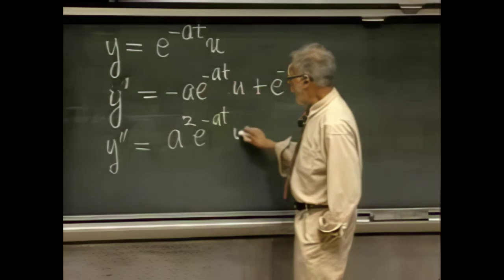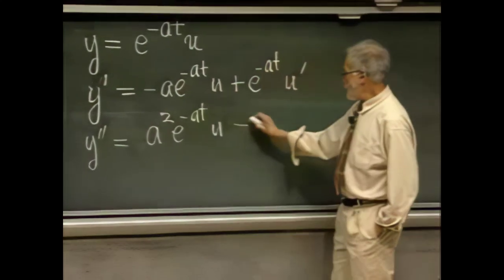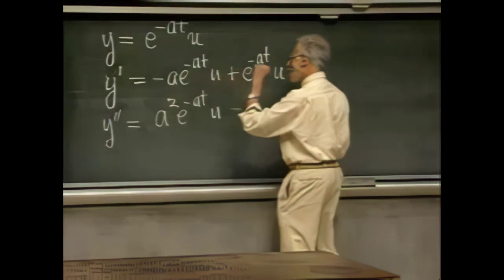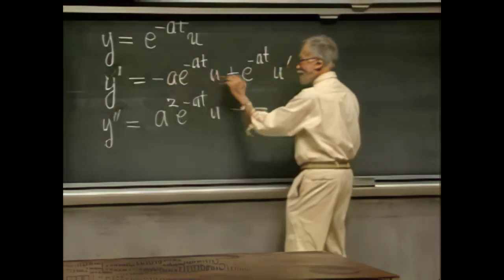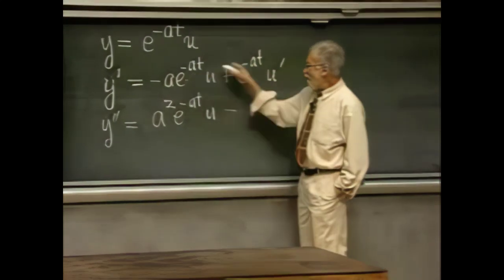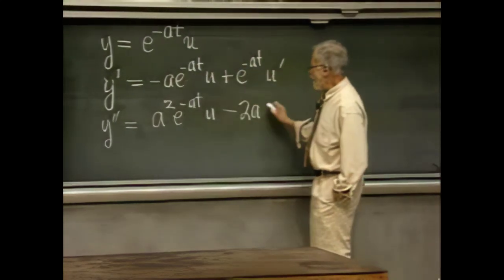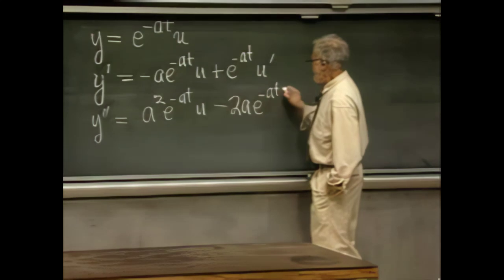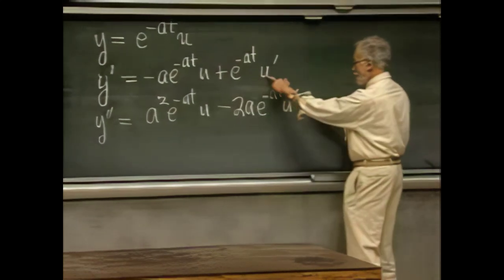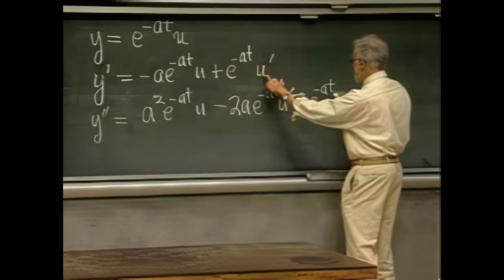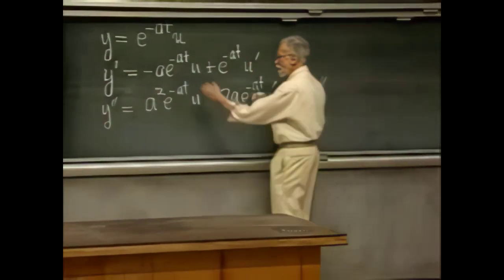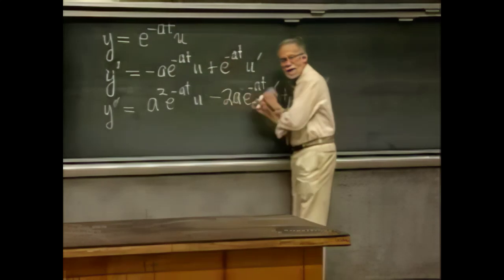I'll have to do this a little fast, but the next term will be minus a e to the minus at times u prime, and from this you're going to get another minus. So combining what you get from here and here, you're going to get minus 2a e to the minus at u prime. And then there's a final term which comes from this, e to the minus at u double prime. Two of these, because a piece here and a piece here combined to make that.